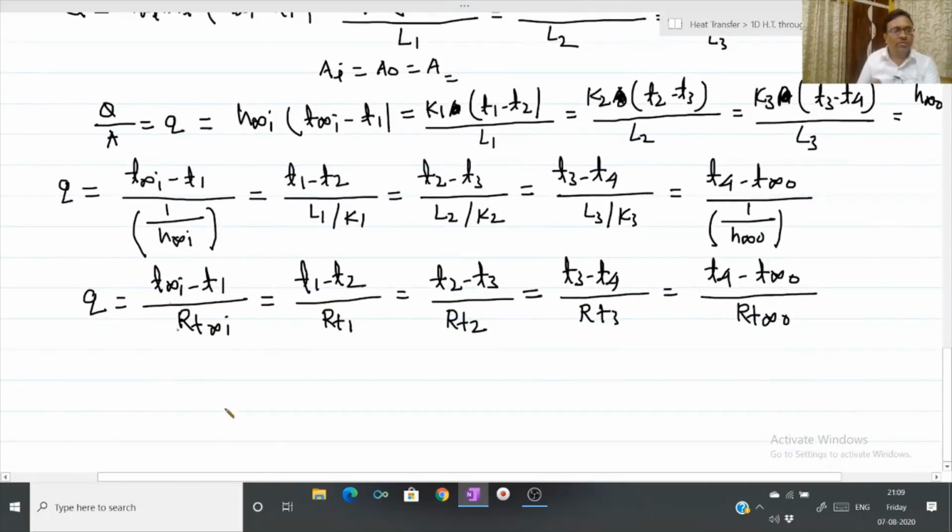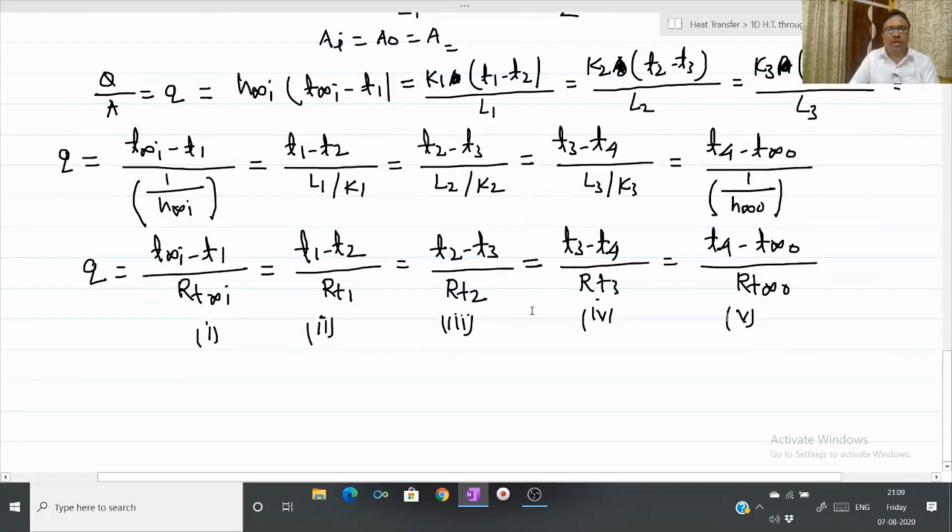Now, these are the heat rate equations, let's say represented by 1, 2, 3, 4 and equation number 5. These are the heat transfer rate equations through the individual layers of fluid and solid materials.